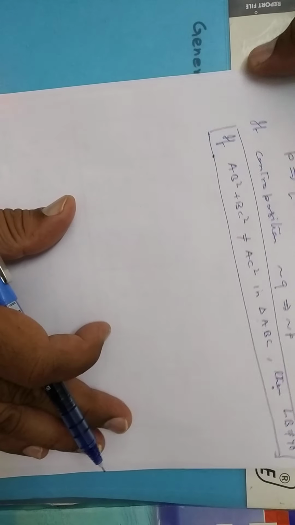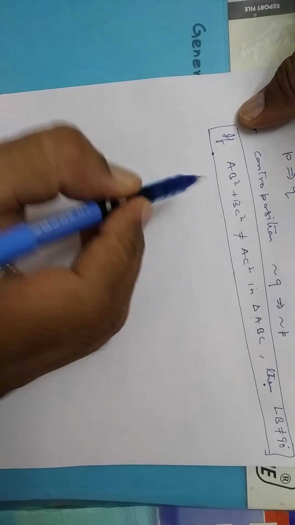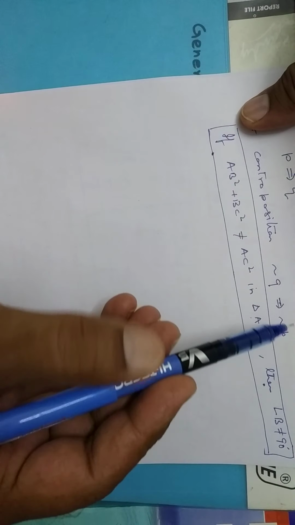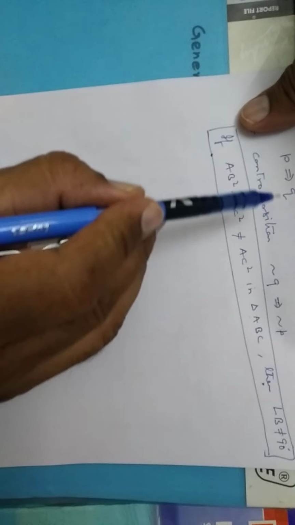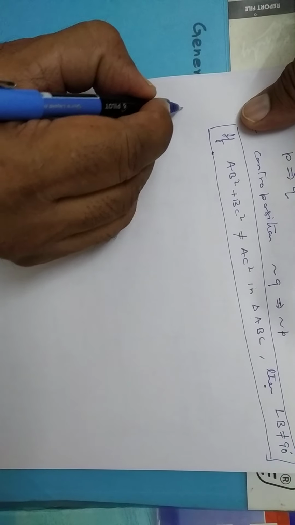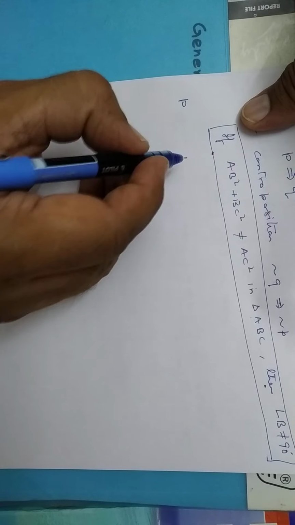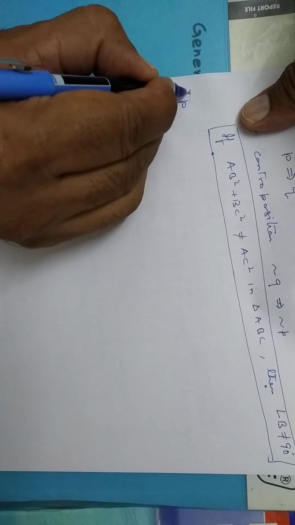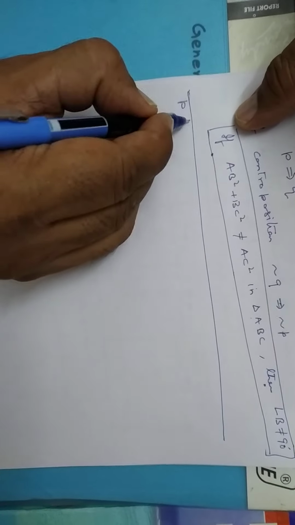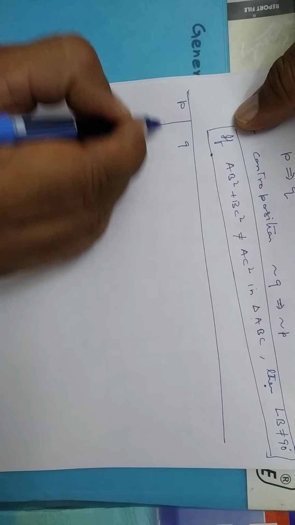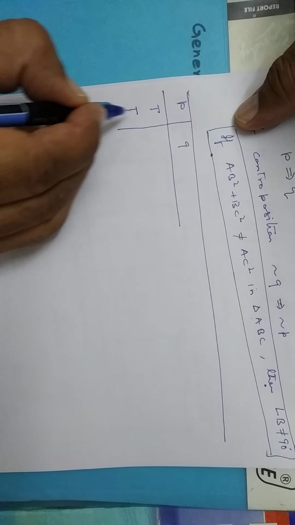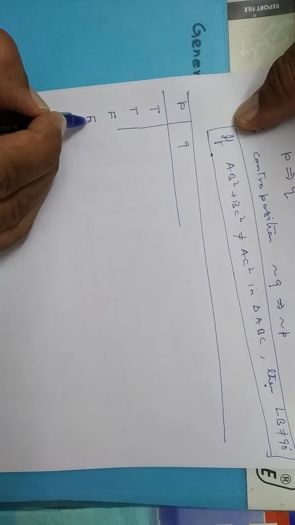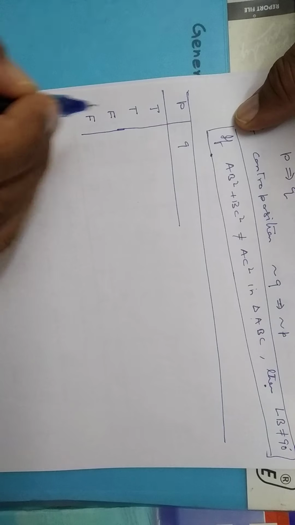We will see the truth value of P implies Q and contraposition of P implies Q. So P we are considering here, and Q. P is true, true, false and false. We are taking 4 cases.